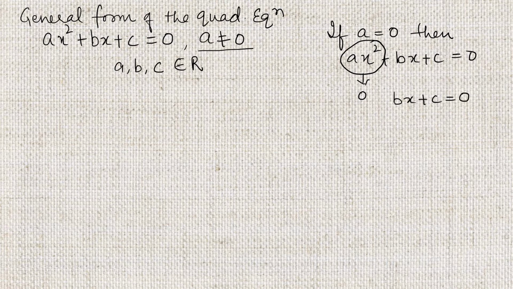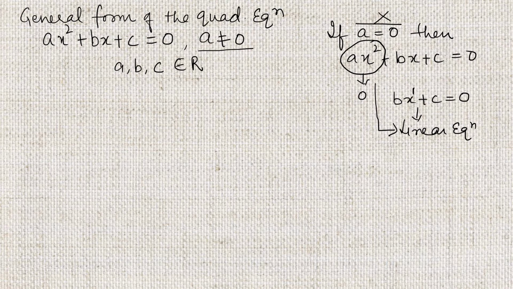What is the degree of this equation? 1. So it will be a linear equation. That is, when a is equal to 0, the quadratic equation reduces to a linear equation. That is why we cannot have a equal to 0.